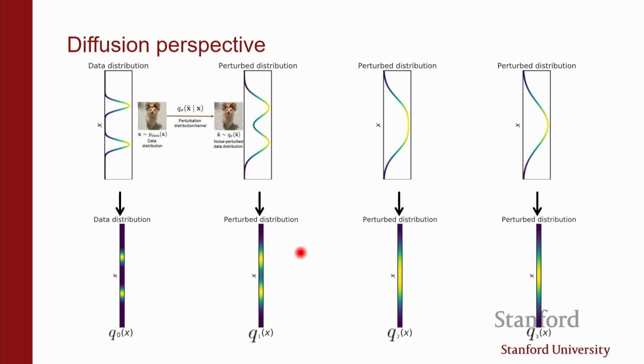And this behaves like the process of heat diffusing, let's say, in a solid. And so that's why it's called a diffusion, because there is some kind of process that takes probability mass and diffuses it over the whole space. And this process is defined by the transition kernel, which is just the Gaussian.